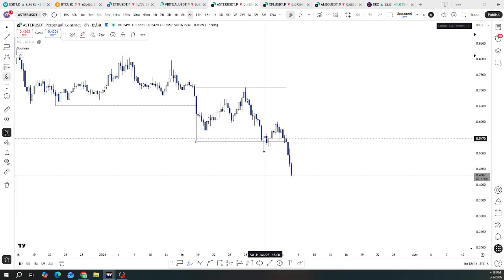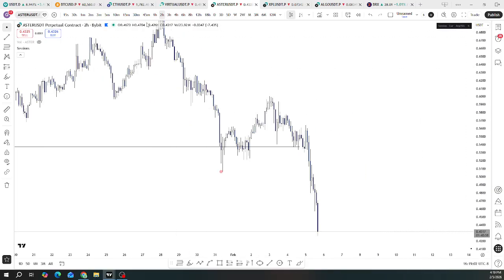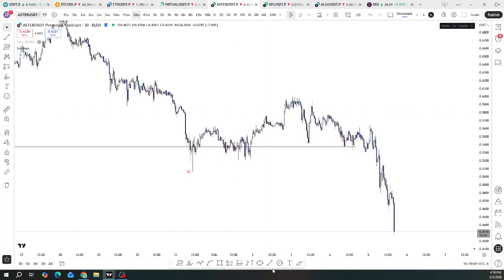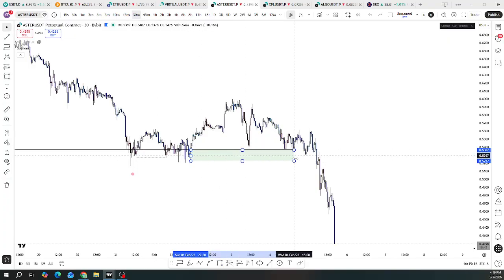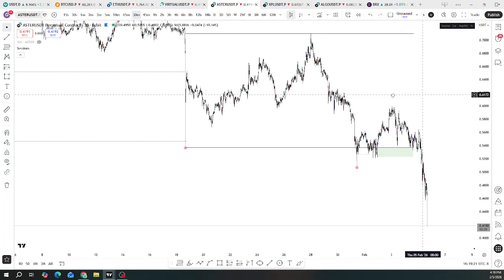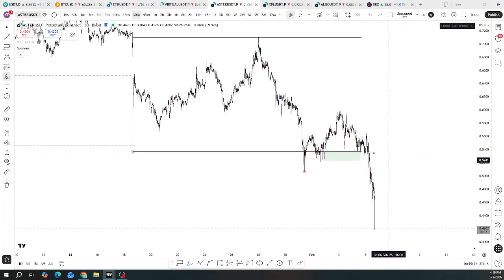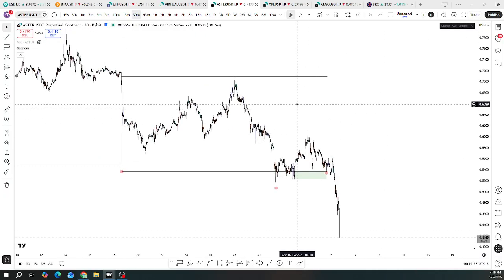We have a range low, deviation, and if we zoom in here, we had a liquidity sweep right there with a demand creation here. Some nice, low formation, and then a demand creation here. So this was the model that I longed.